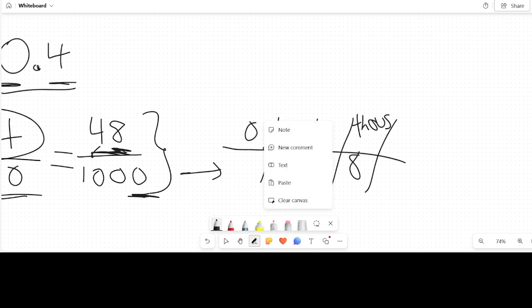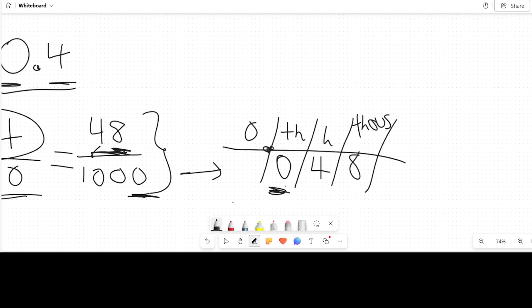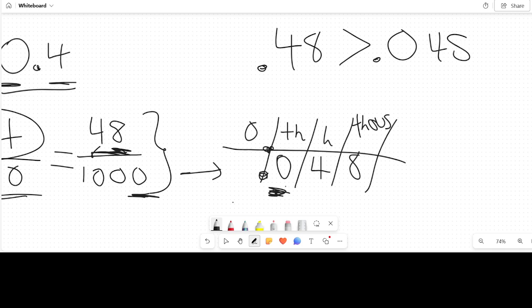Now you must be wondering, what happens to that tenths place? I'm just going to put a 0 down, because remember, if I have something in the thousandths and the hundredths, and I have nothing in the tenths, I have to put a 0 there to act as a placeholder, because 48 hundredths is greater than 48 thousandths.